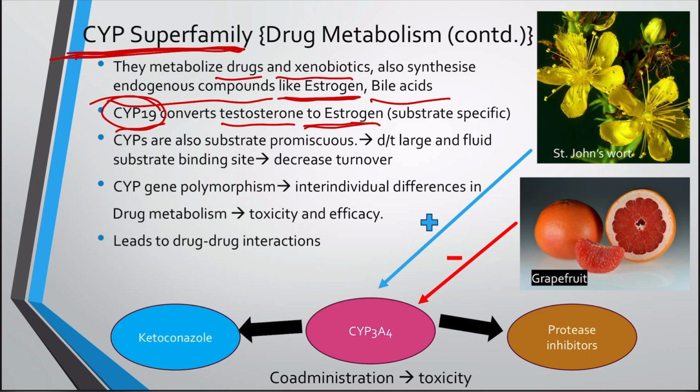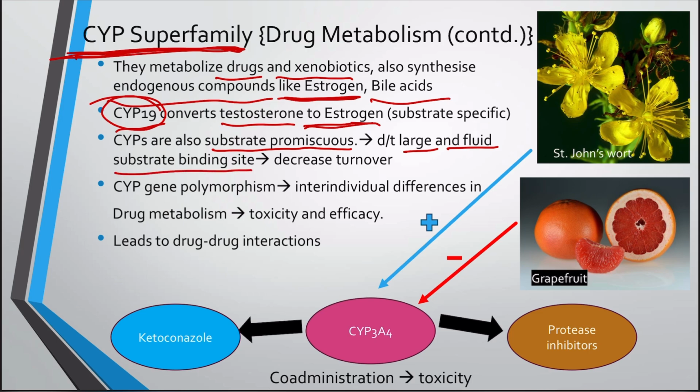Whereas there are some other CYPs which can act on different substrates. These are called substrate promiscuous, that is, they are unselective in nature and have indiscriminate behavior towards substrates. Because of this, they can metabolize several types of substrates, and this is possible only because they have a large and fluid substrate binding site.